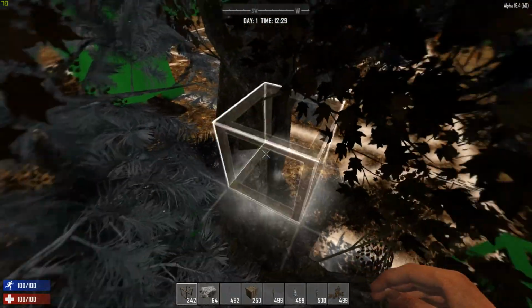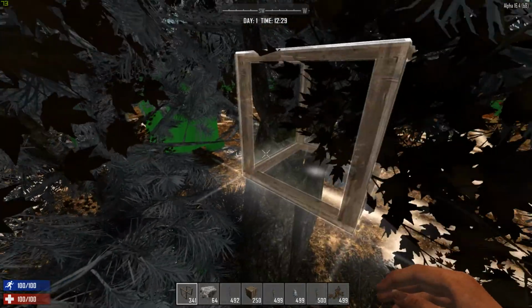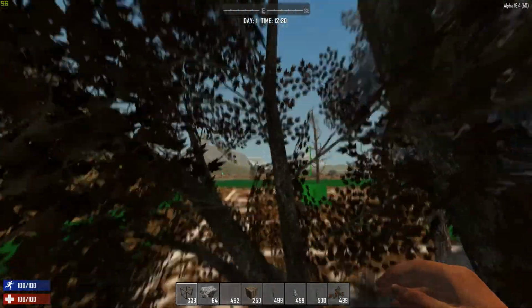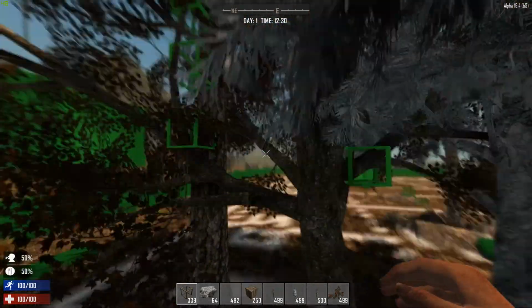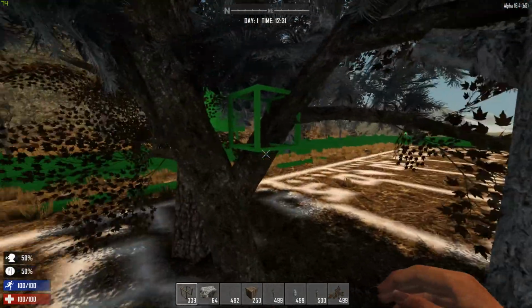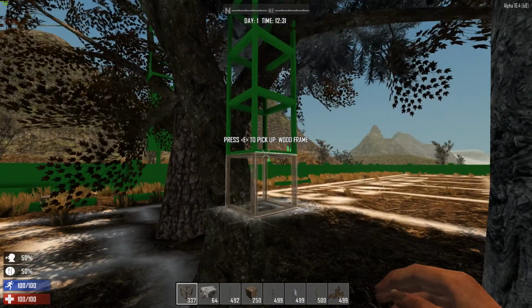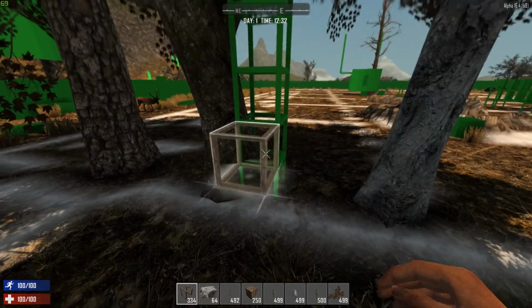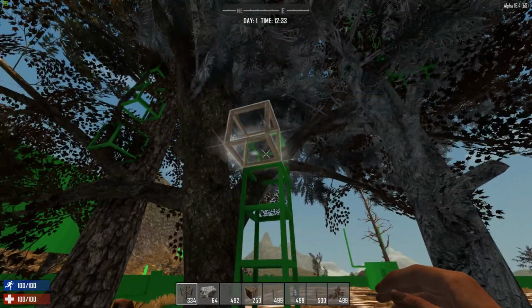You cannot go high on the maple tree. It only goes so far, only goes about here, which is 1, 2, 3, 4, 5, 6 meters high.